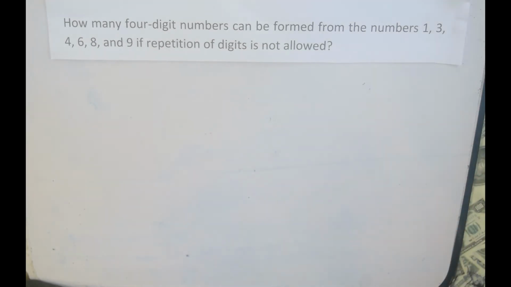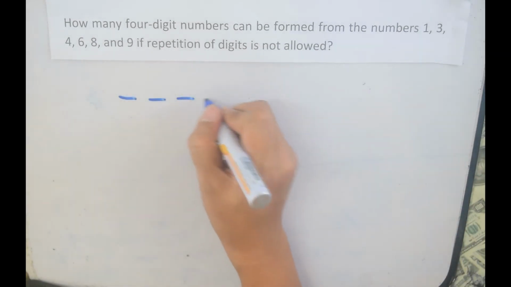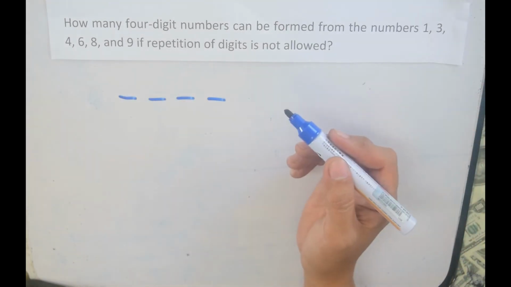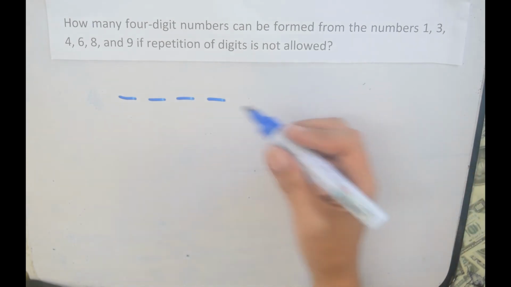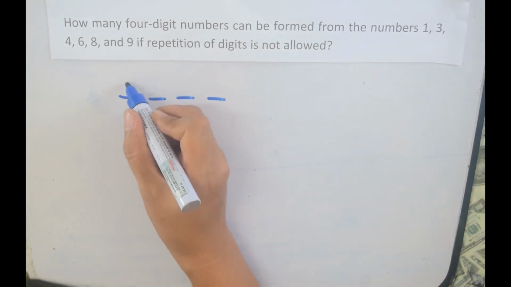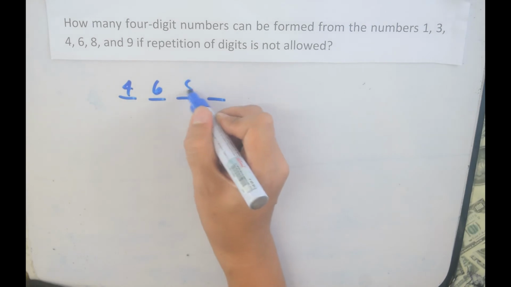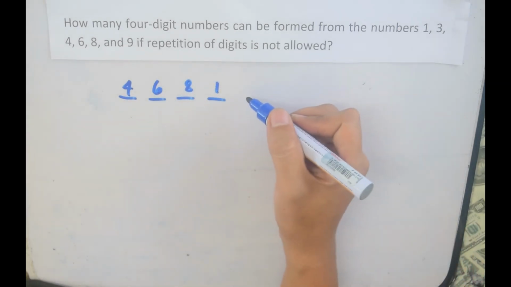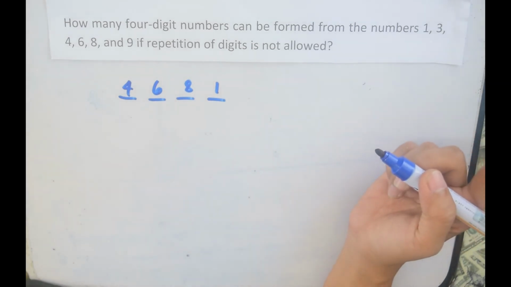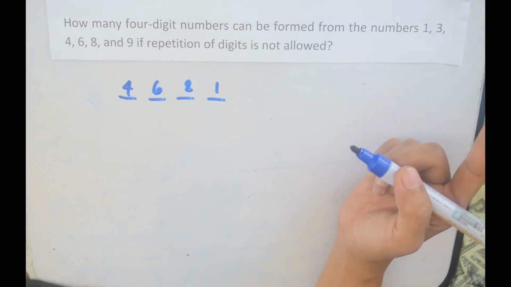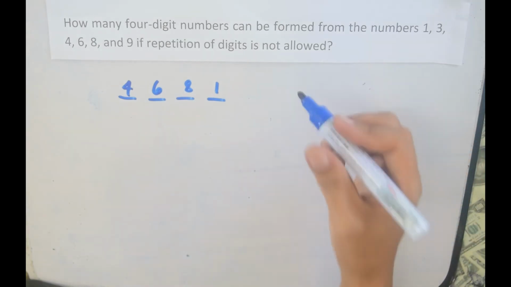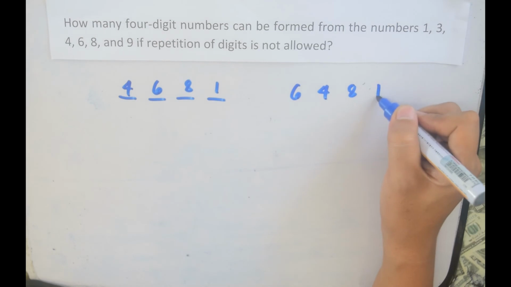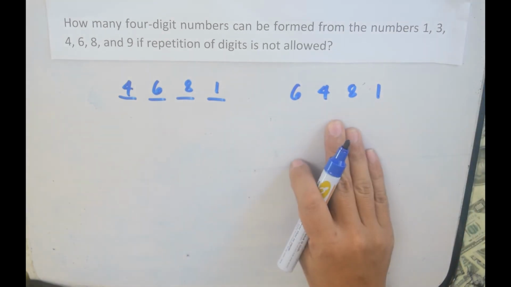So let's say there are 4 digits, 1, 2, 3, 4. And we will use the numbers 1, 3, 4, 6, 8, 9 to form a 4-digit number. So we have here, let's say, 4, 6, 8, 1. So this is a 4-digit number. So this is one number or one arrangement. If we have another arrangement, 6, 4, 8, 1, we have the same elements.